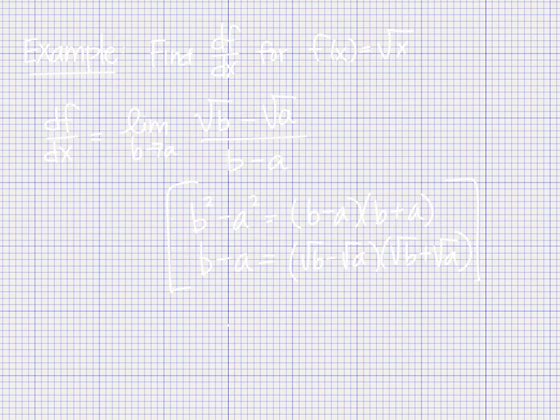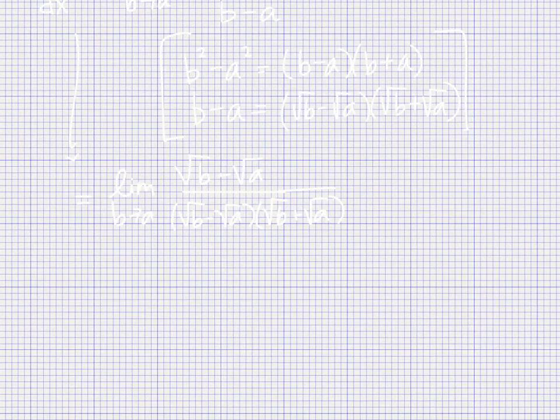So this limit is now equal to, and if I factor the denominator, I'll have rad b minus rad a in my numerator. I'll have rad b minus rad a times rad b plus rad a, and I can reduce again. It's all about factoring into difference of squares.